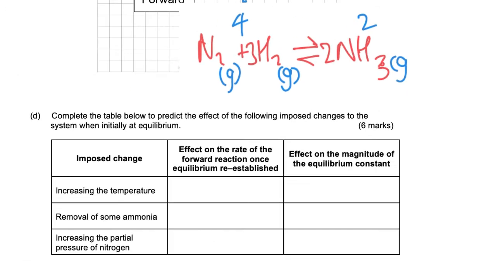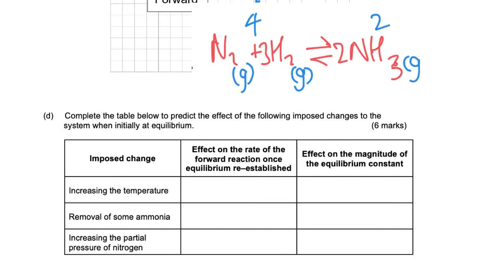Okay, so I'm going to increase the temperature, and hopefully you guys know that this is a delta H equals a negative value, negative 92 kilojoules. Please remember that there are 2 different ways to show endothermic reactions, one as a reactant or product, or one as a delta H positive or negative, and be able to read both of those.